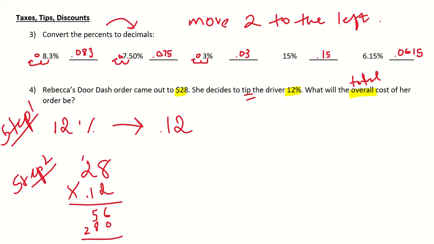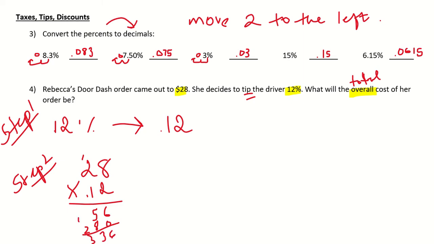Oops, I'm running out of room. Okay, that says 336, and I need to put a decimal. The decimal would go right here between the 3's, and that is $3.36. Sorry if I'm running out of room. I'll bring it up here. So the tip amount is $3.36.